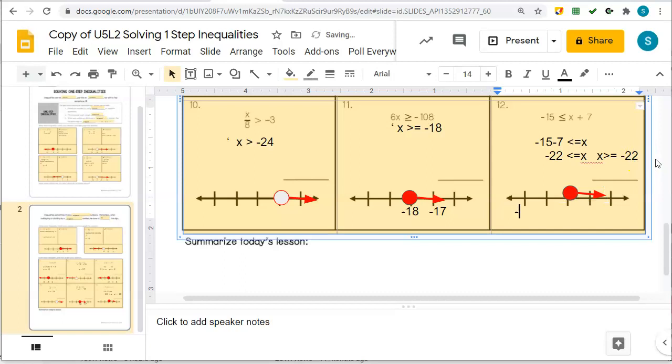So again, we can make this negative 24, negative 23, negative 22. And you can keep going.